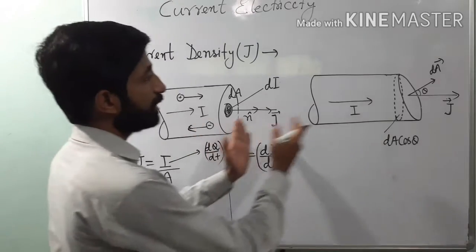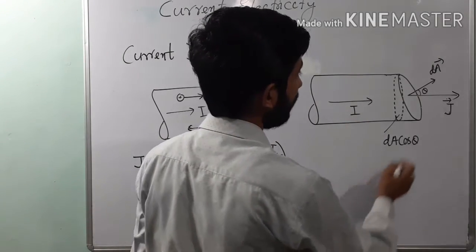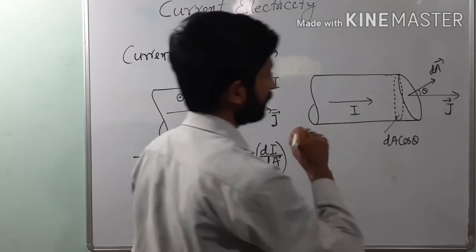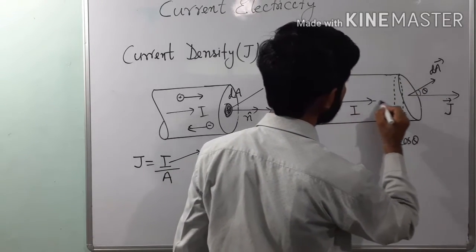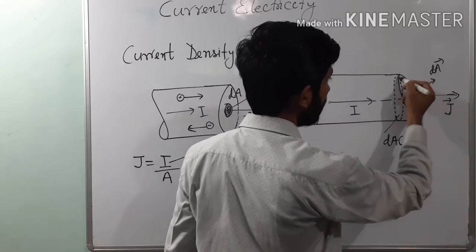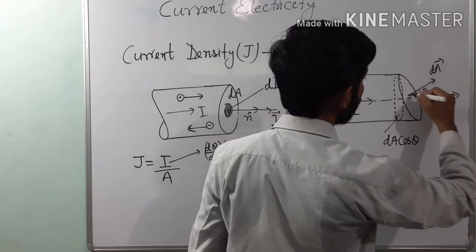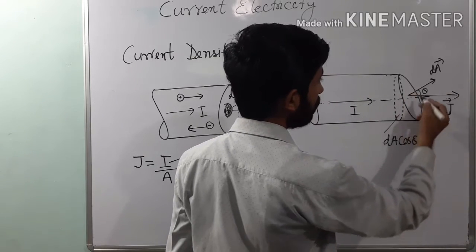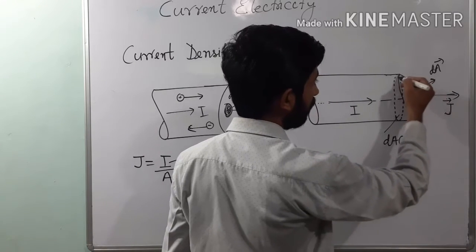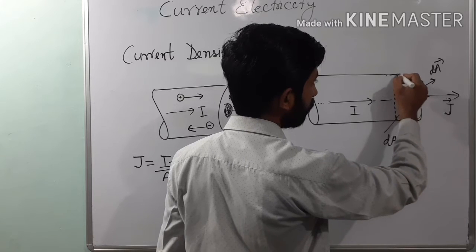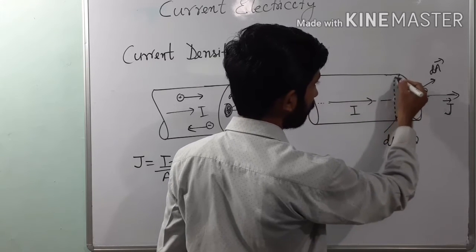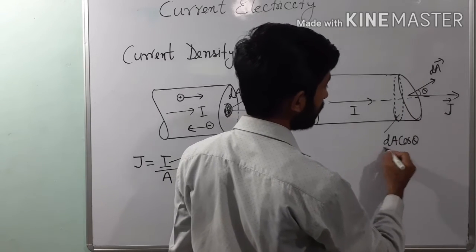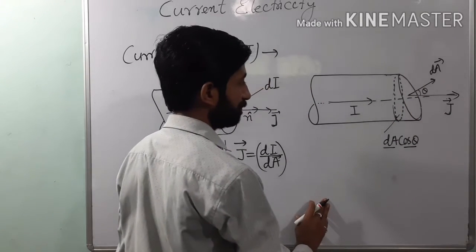Okay, now what this figure shows, if the area of cross section is not perpendicular to the current, see this is the direction of current, but the area of cross section is having its direction this way, so we shall consider how much of this area is perpendicular to the current, that is shown by the dotted region, and that is dA cos theta.